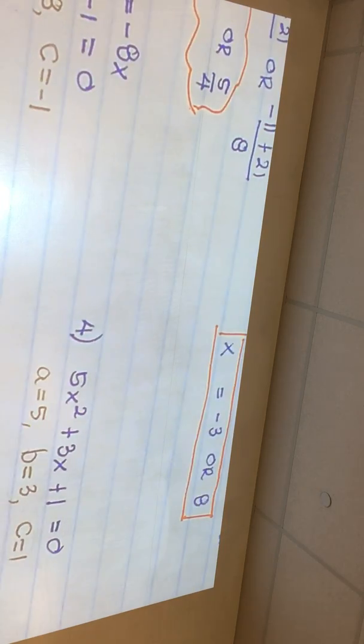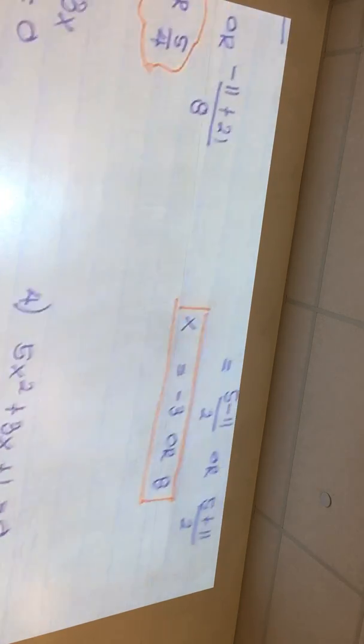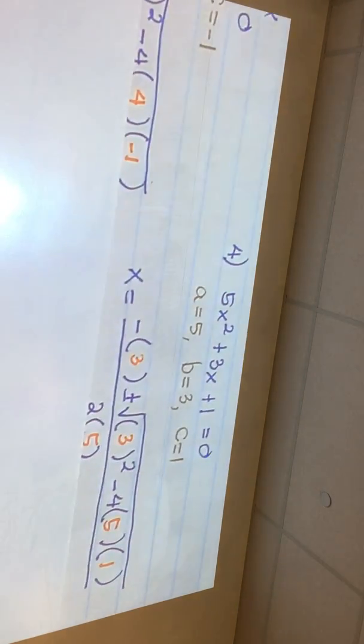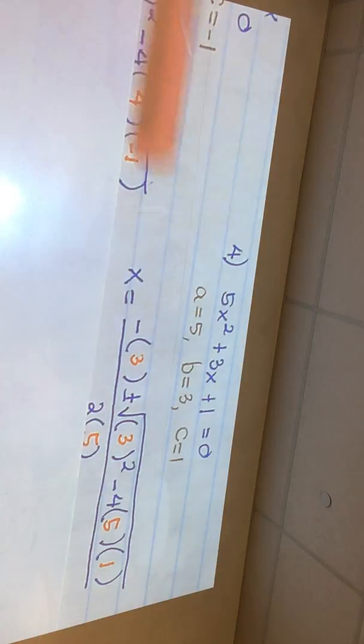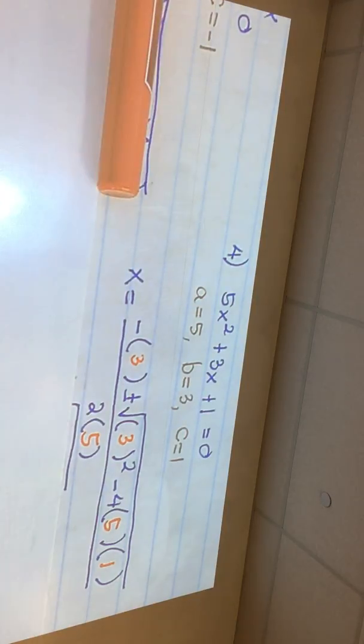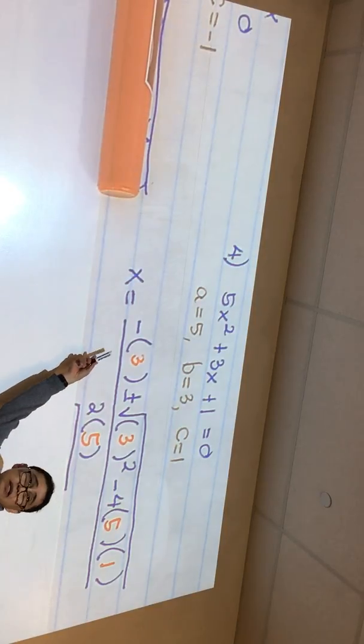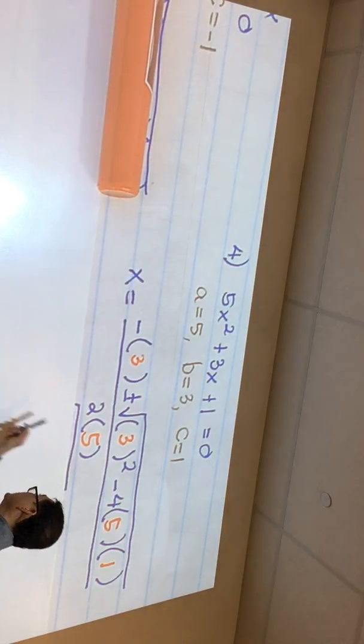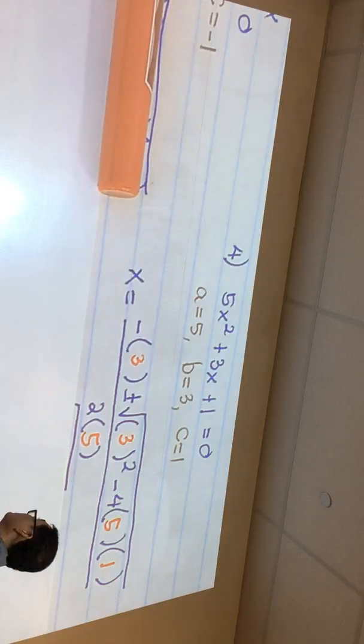Is that what you get, Sophie? Hold it. Let me just move this up a little bit. Is that what you get? Yeah. All right, okay. Now, ready? What is negative of negative 3? Negative 3. What is 2 times 5? Denominator is 10.